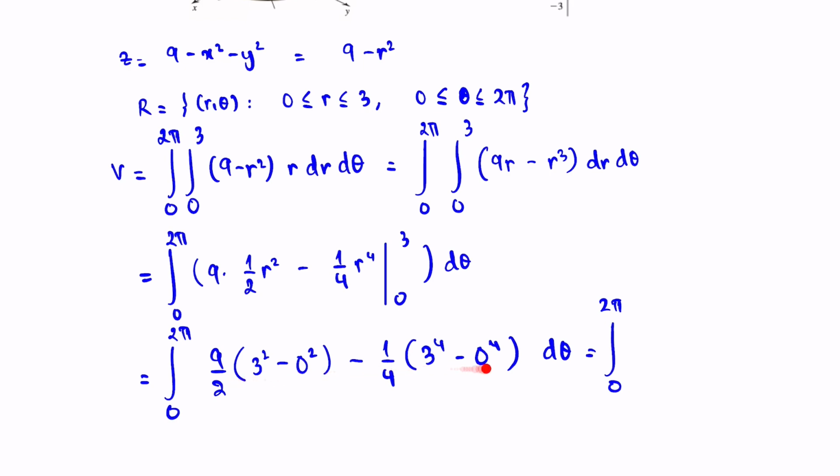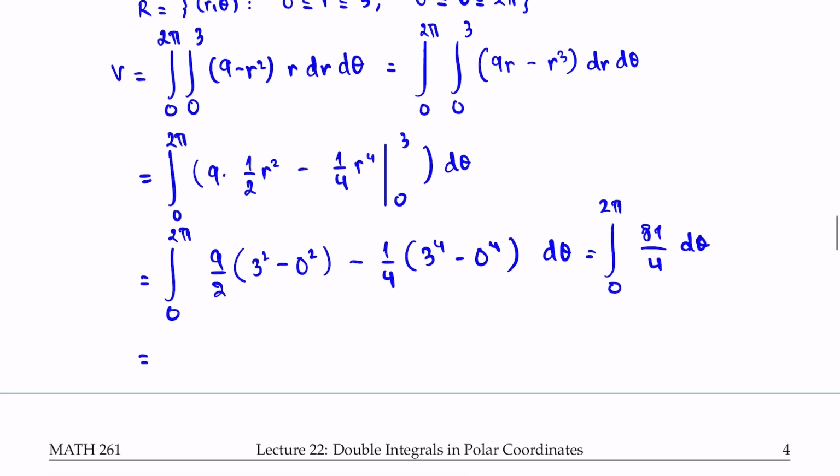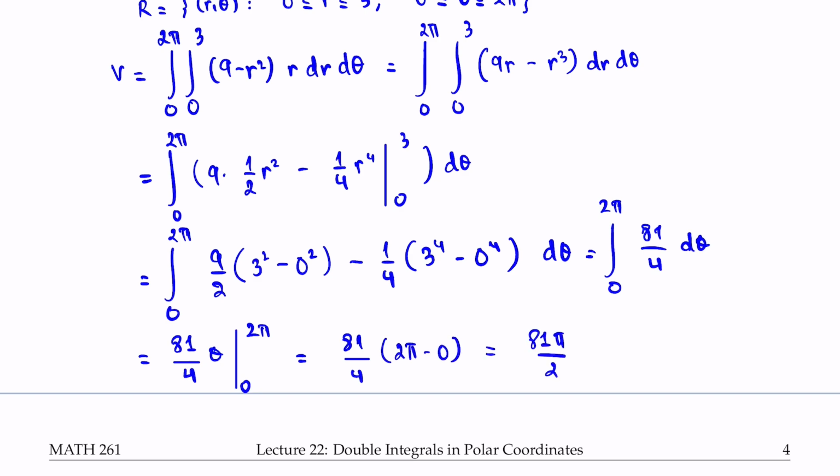If we do the calculations correctly, this expression gives us 81 over 4 d theta. And the antiderivative of this gives us 81 over 4 theta, evaluated at 0 and 2 pi. Or this is 81 over 4 times 2 pi minus 0. Or this is just 81 pi over 2.